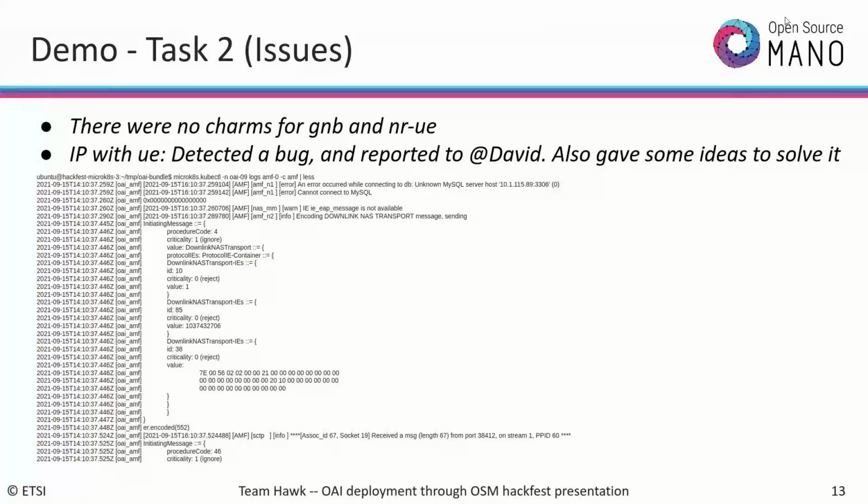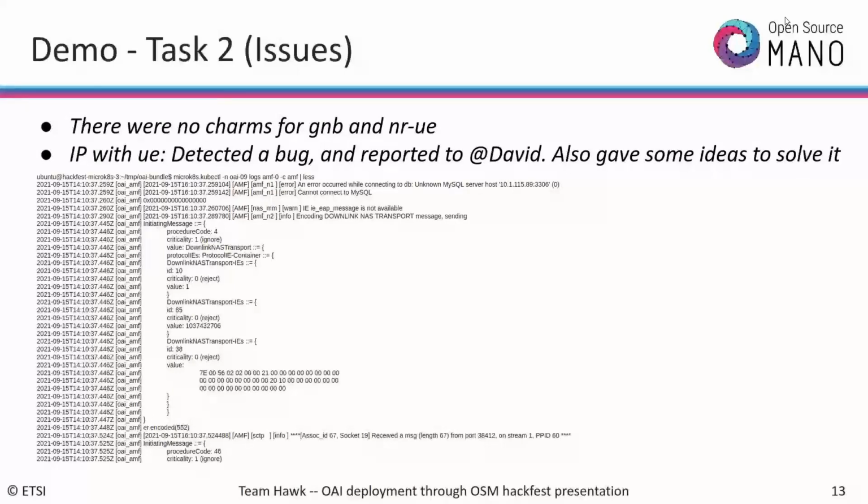Okay. If you want to add something, Shay? So basically, we reported, like what Team Eagle reported earlier, that we were seeing this issue with the IP address, and we are still witnessing that sometimes we don't get the IP address on this tunnel interface, which is not up, and these kinds of things. So I think we already reported that to David, and David was able to talk us through these things.